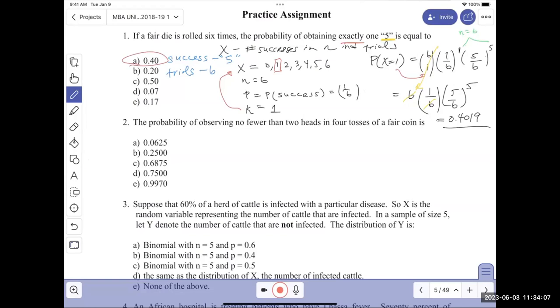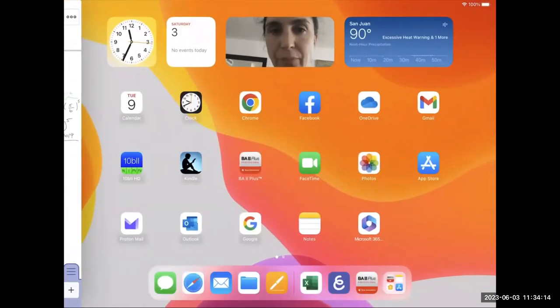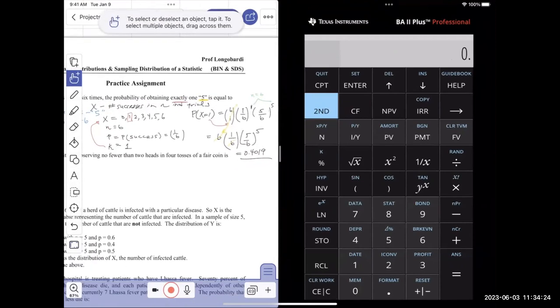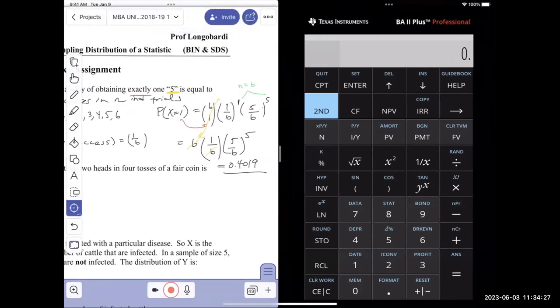So let's put it in our calculator as though we did not simplify it. Let's do it from the top. Clear my screen, 6 second function nCr 1 times, you can use brackets, or if you know, because we put it in order of the operations, it should be fine.